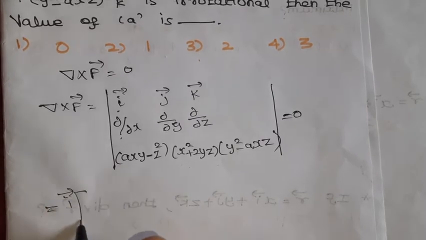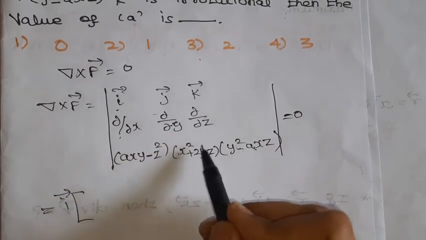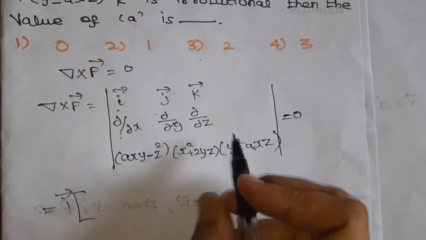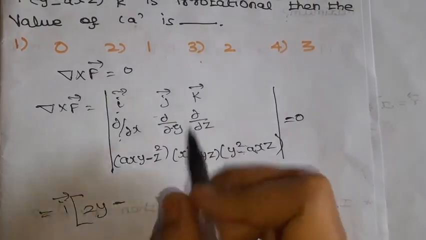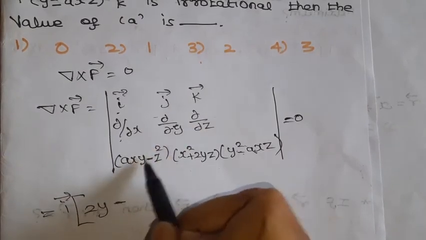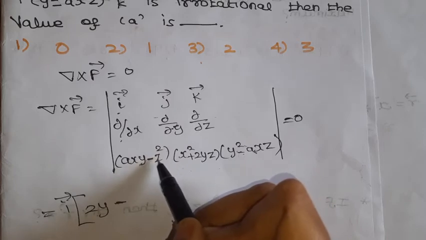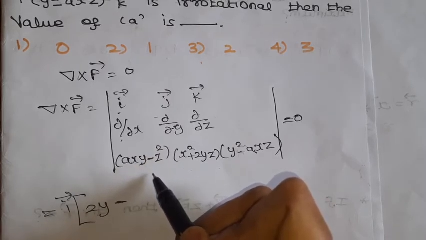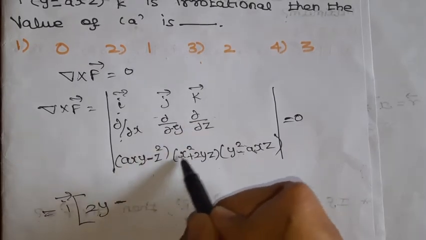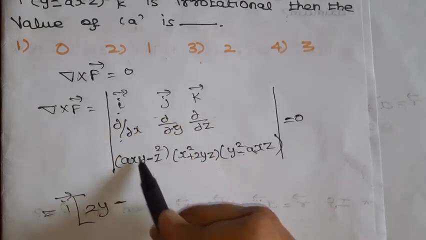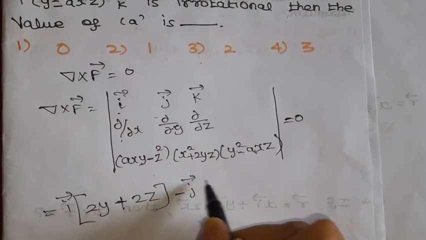So i into dou by dou y of this term. Differentiating, dou by dou y we will get 2y, then a minus sign. Then dou by dou z, what will we get? Already one minus sign, so dou by dou z gives minus 2z, and with the minus sign we get plus 2z. Then minus j.